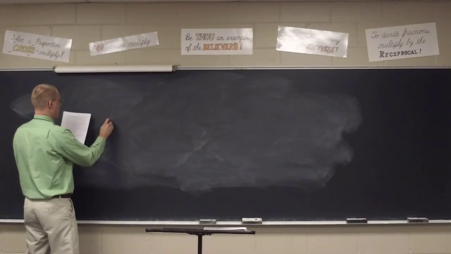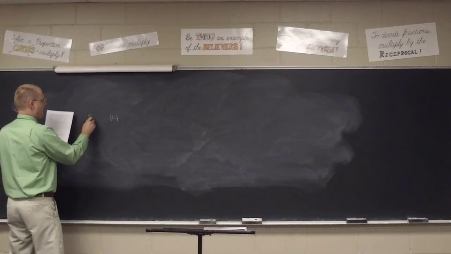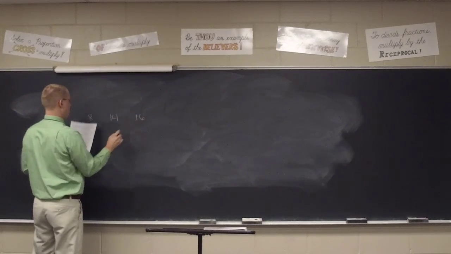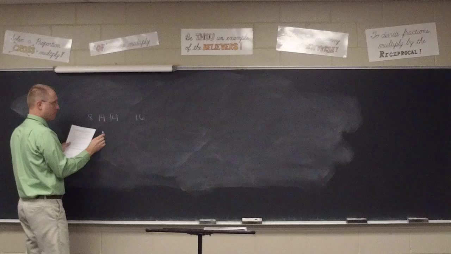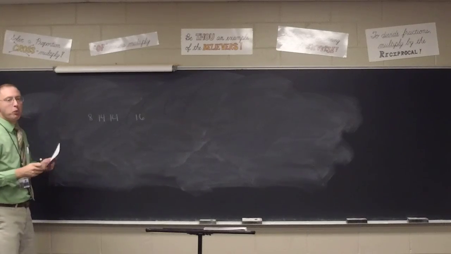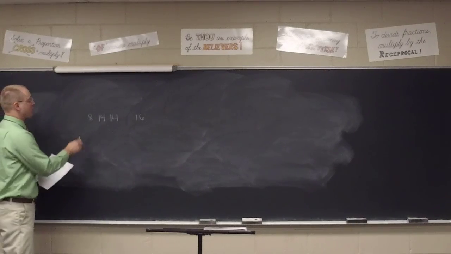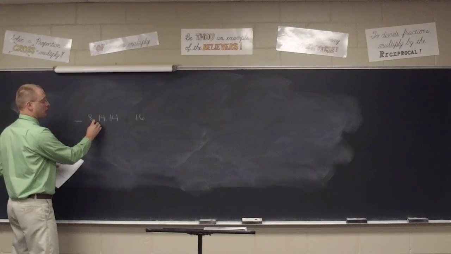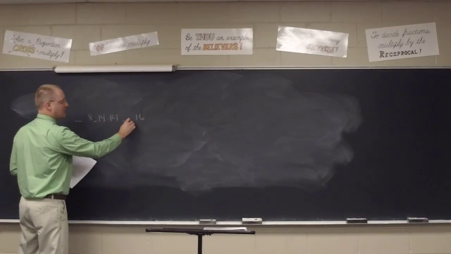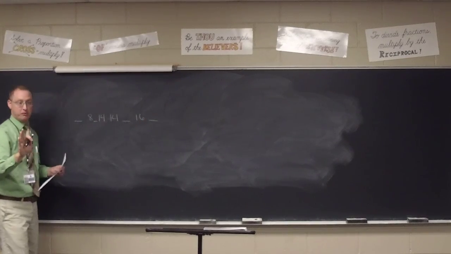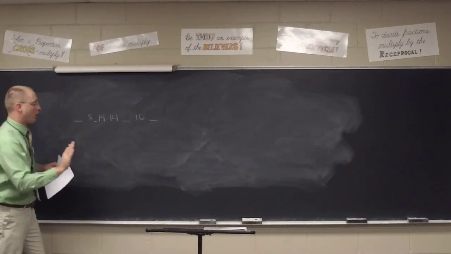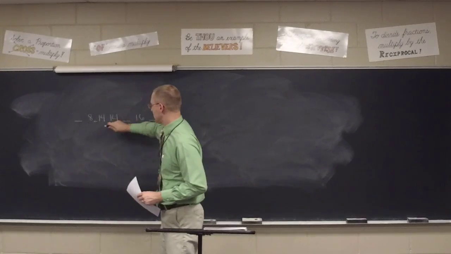So the numbers she's thinking of are 14, 8, 16, and another 14, right? And then there's a 5th number. Well, where could the 5th number be? The 5th number could be here, or here, or here, or here. There's a lot of places to put the 5th number. Well, let's just suppose we put it right here.